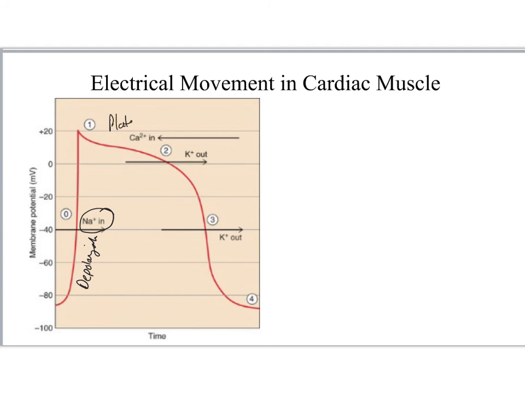This is your plateau period due to the influx of potassium ions. Now, not potassium ions, calcium ions. Now, potassium is going to leave and you have the repolarization period where you're going to get back to the resting membrane potential.